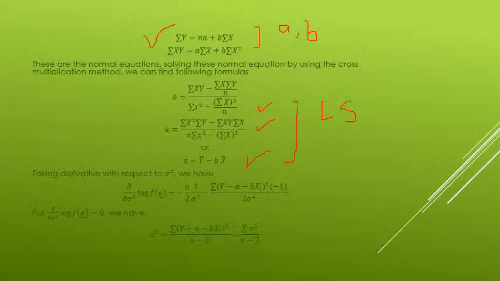Now, taking the derivative with respect to sigma square. Now, there is sigma square and there is sigma square. I do not need to tell you how to take a derivative because you already know about derivatives. The derivative of log of sigma square is equal to 1 over sigma square.